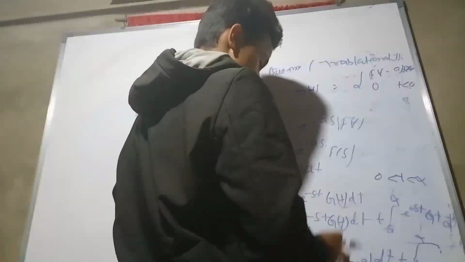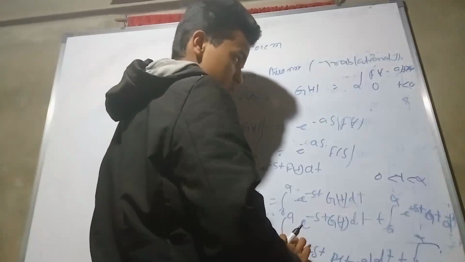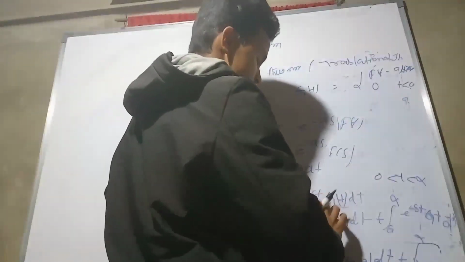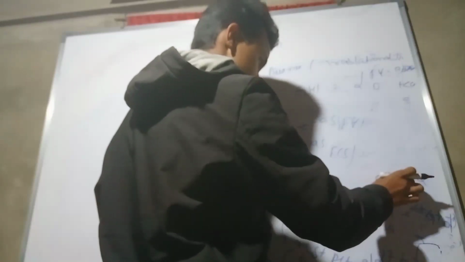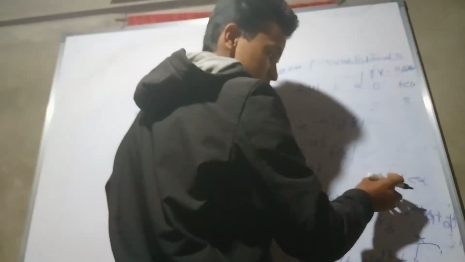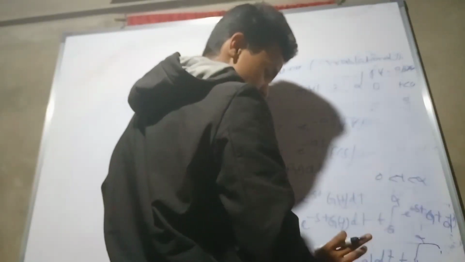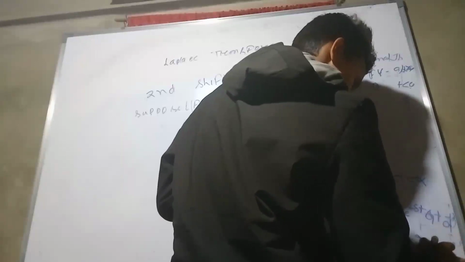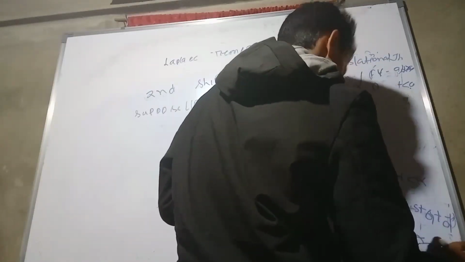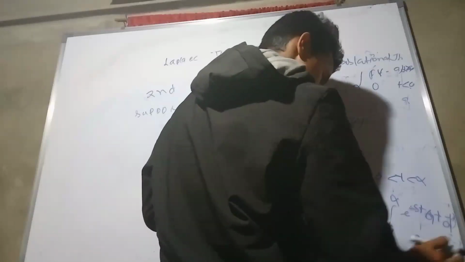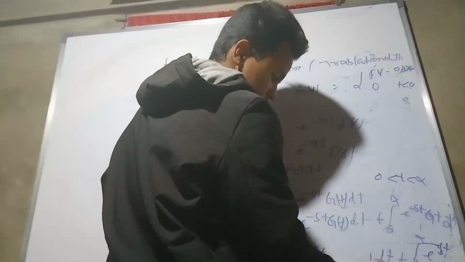Here we have to understand the concept of this step. We have the integral from 0 to a, with the range t greater than or equal to 0. That means the value of t lies between 0 and a, so g of t is 0 there, and we get 0.